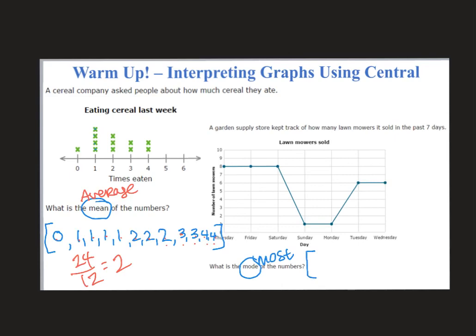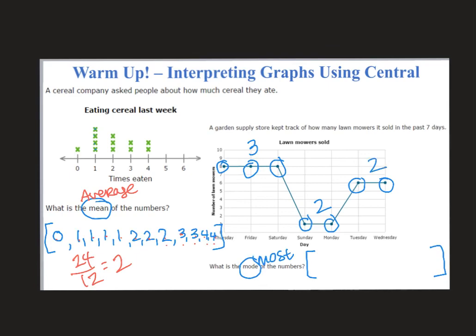So we could, if we wanted to, look at our number set. There were 8 on Sunday, 8 on Friday, 8 on Saturday, 1 on Sunday, 1 on Monday, 6 on Tuesday, 6 on Wednesday. So the number that occurs the most: 8 occurs 3 different times, 1 occurs twice, and 6 occurs twice.